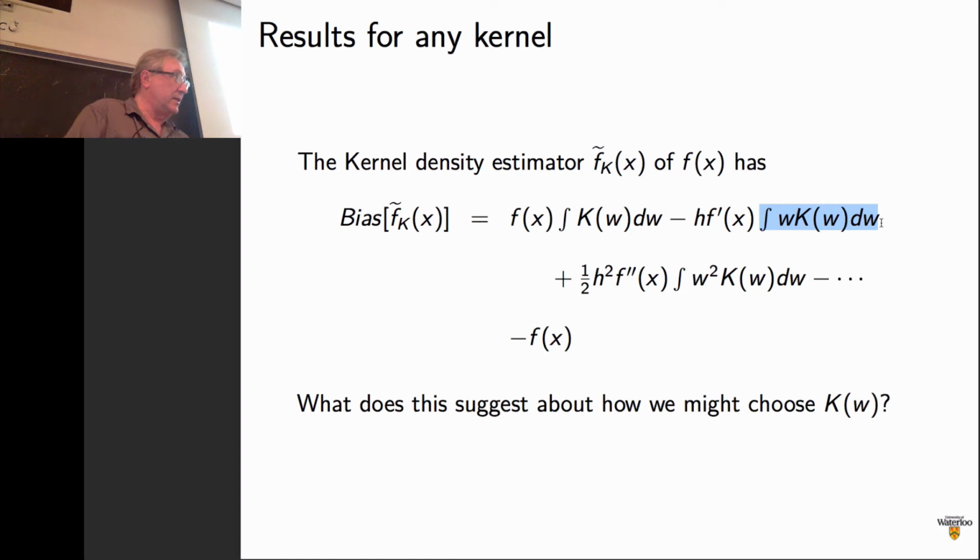What does that say about the density function? Has expectation 0. So if we have a density function that has mean 0, we know the bias is going to be of order h squared. So if we use a density function instead of that. So remember the density functions, remember the ash, we had a triangular sort of shape function.